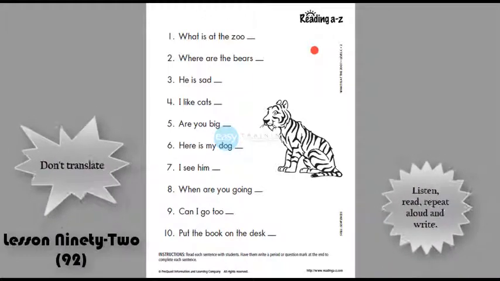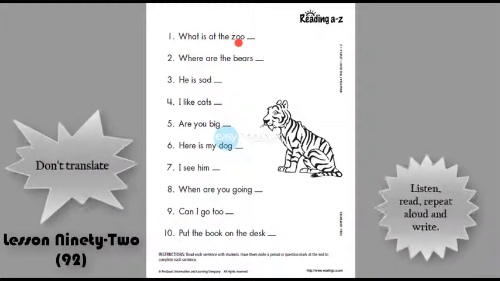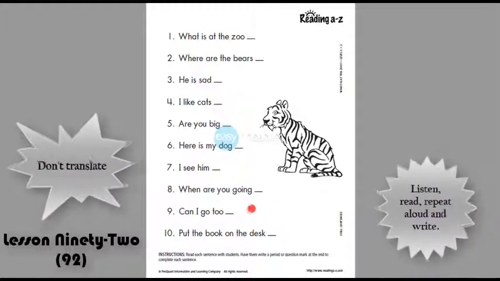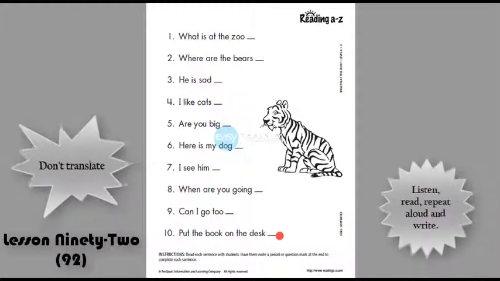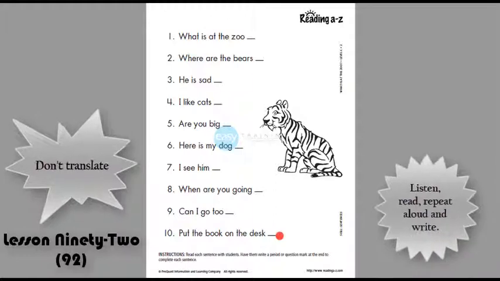This is activity number 2. There are 10 sentences. Sentence 1, sentence 2, 3, 4, 5, 6, 7, 8, 9, 10. There are 2 different kinds of sentences: affirmative sentences and interrogative sentences.